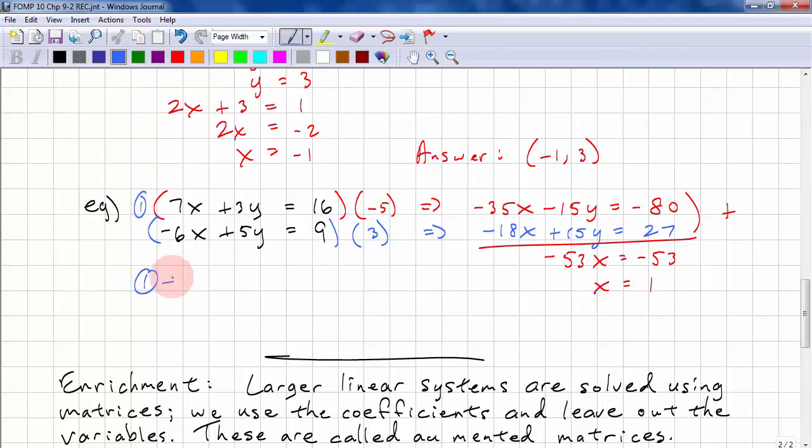Substitute back into 1. 7 times 1 plus 3y equals 16. 3y equals 16 minus 7 is 9. So y equals 9 divided by 3, and that's 3. And our answer, 1, 3.